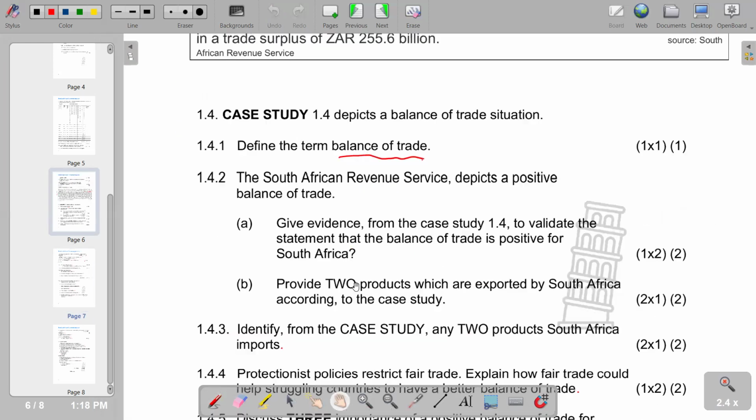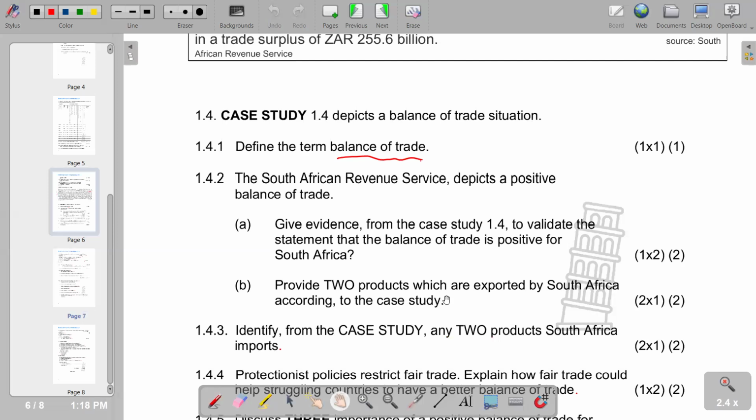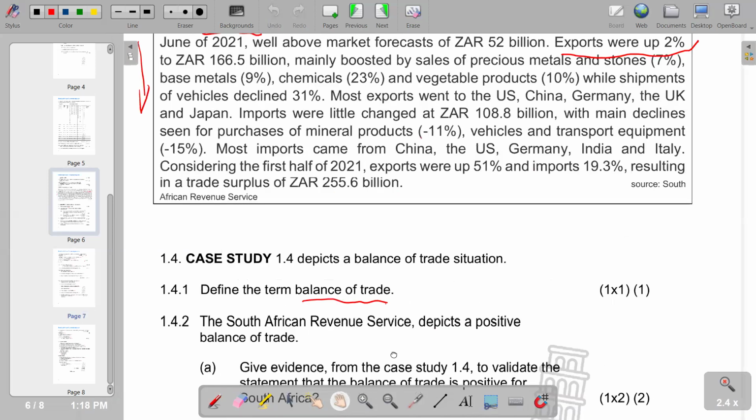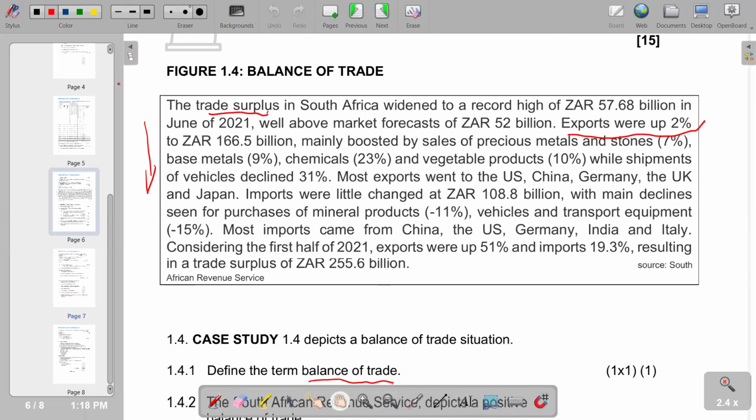So our next question is saying, provide 2 products which are exported by South Africa according to the case study. So we go back to the case study and see where we have products that are being exported. You see that here it reads, exports were up 2%, mainly boosted by sales of precious metals, stones, base metals, chemicals, vegetable products.